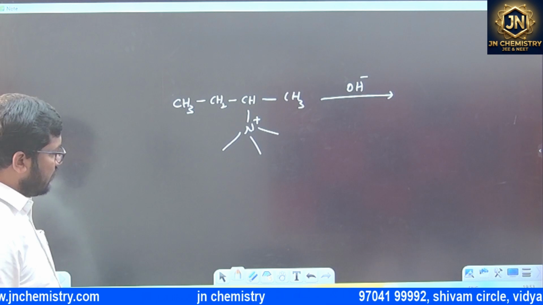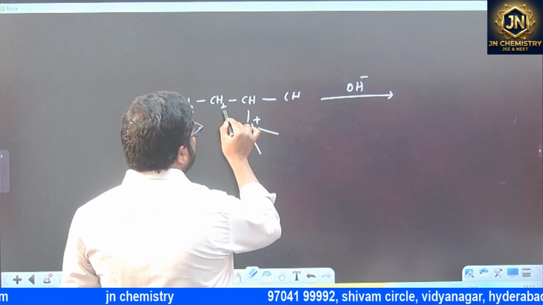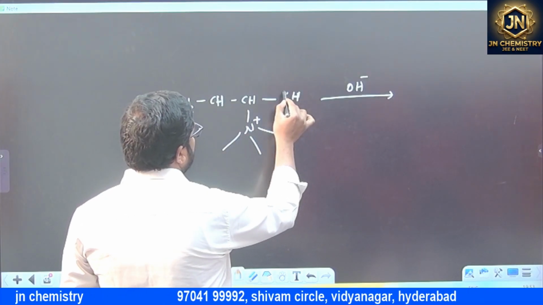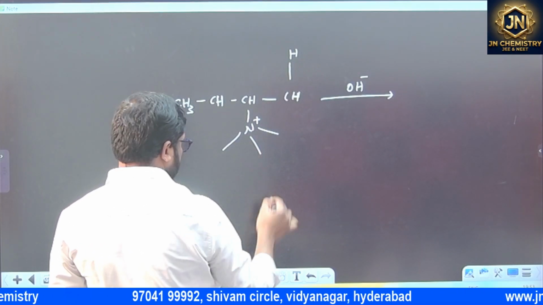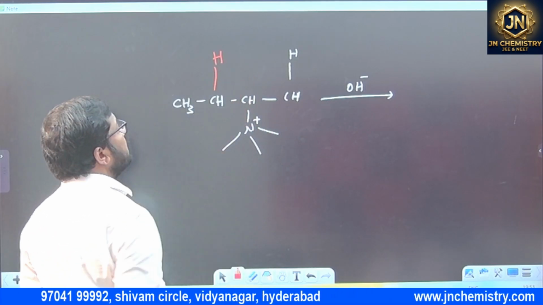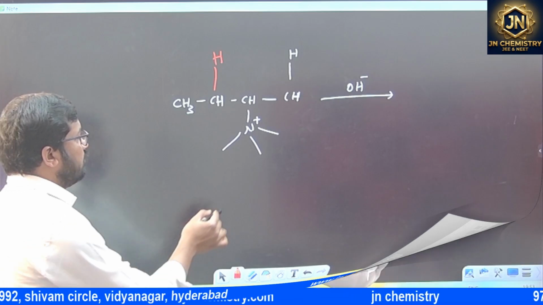Here two kinds of hydrogens are there. I'm just writing the hydrogens like this: here is the white hydrogen, here is the red hydrogen. Which hydrogen do we need to remove, along with the leaving group? This is the leaving group.